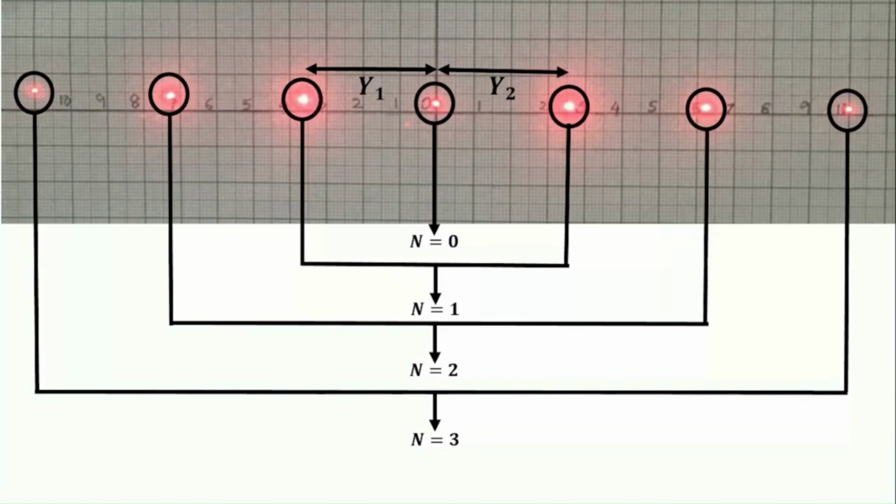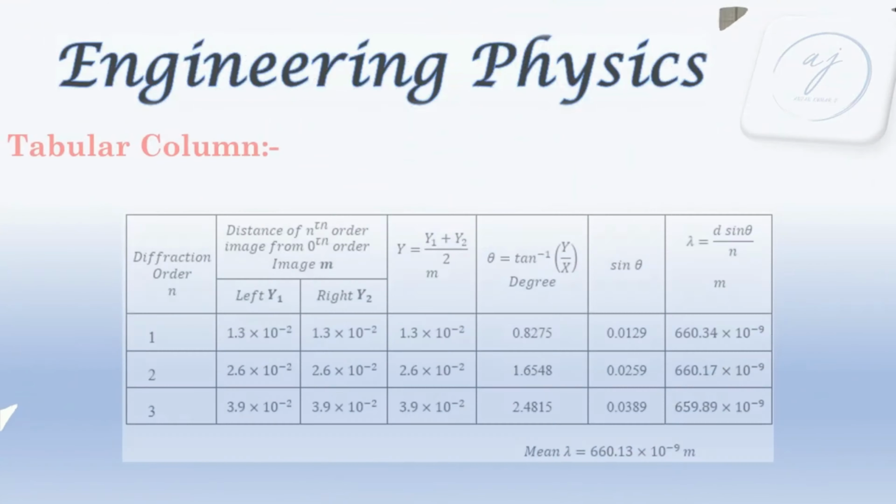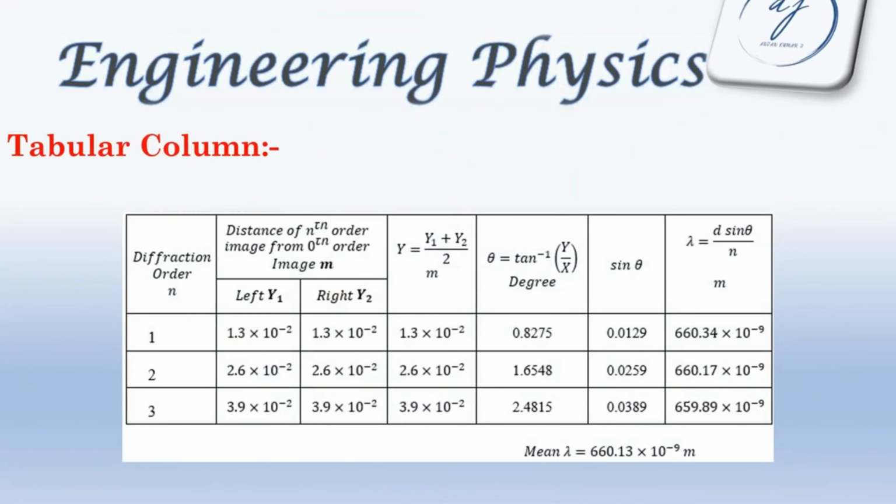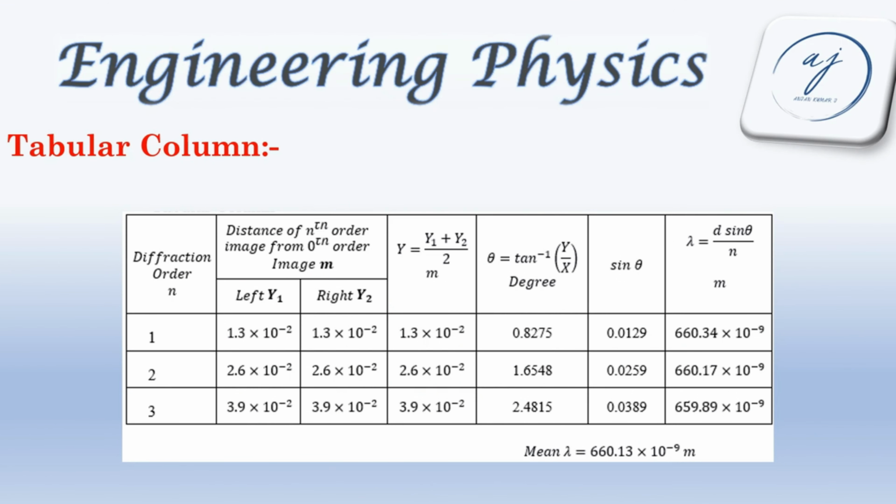Here we have calculated the first order. For the first order, the distance is 1.3 centimeter. For the second order, it is 2.6 centimeter, and the readings are tabulated. The tabulation is as shown.